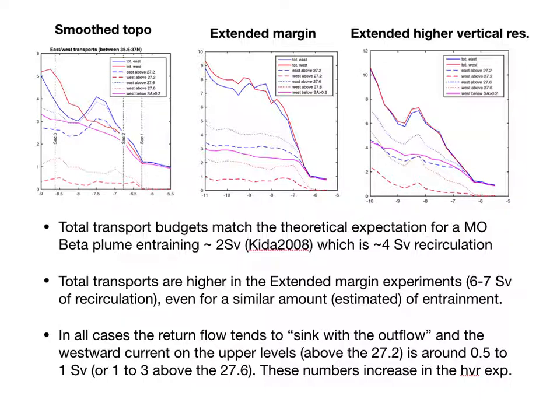It's a bit higher, although not much. If we compare the values up to 8 West, we have somewhat larger outflow and inflow, so a larger circulation over the extended margin experiment. So there is a clear difference in topography between experiments in what concerns the generation of flow and recirculation.